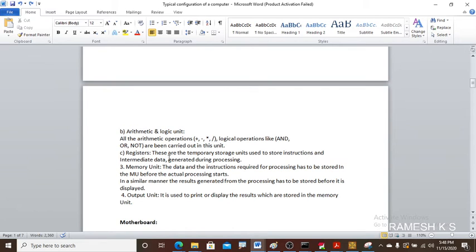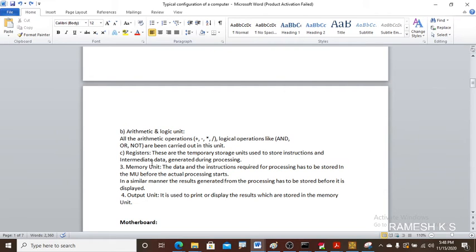Again, registers. These are temporary storage units used to store instructions. Temporary storage units means what? Once our work is completed, it will be erased automatically. It is a temporary place where we are placing some values, that's why we are using registers here.